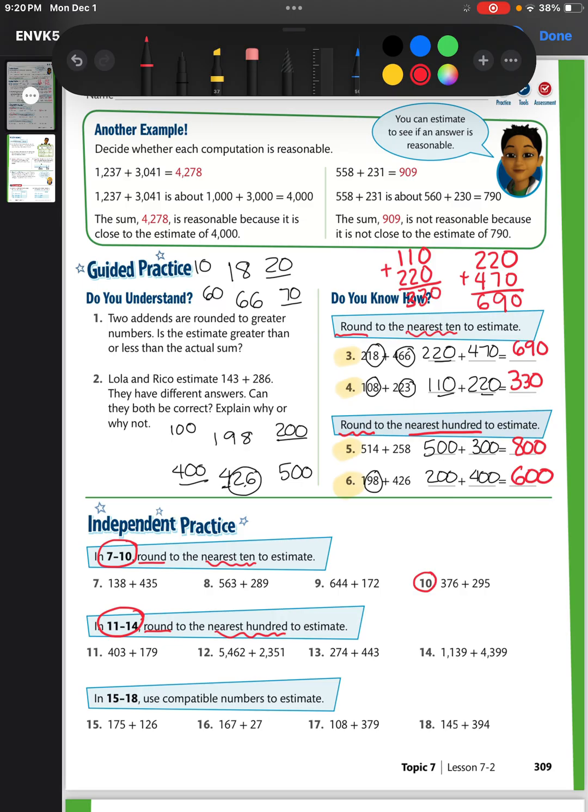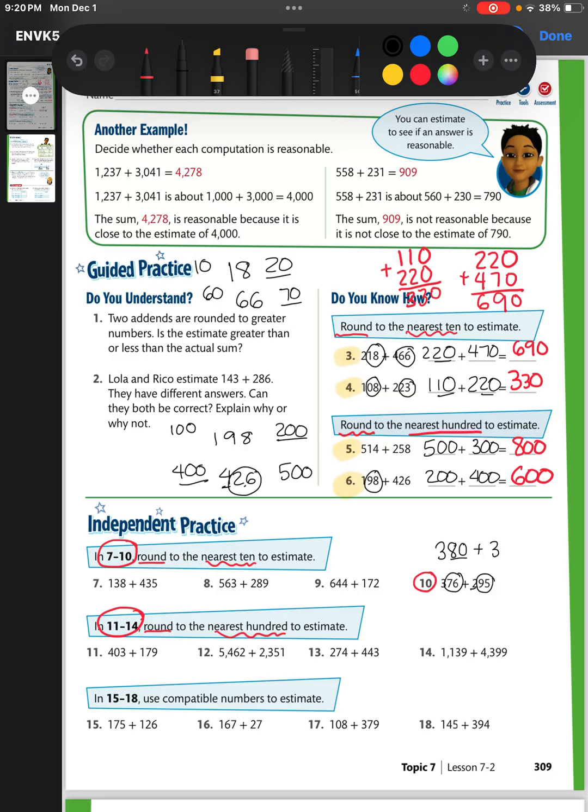376. Okay, so 376, round it to the nearest 10. So I circle the 76. So 376 would round to 380. Plus, then I look at this. Oh, 95 is really close to being to the next 100. So if I'm at 200 right now, what would be the next 100?